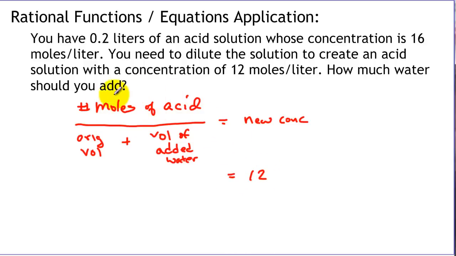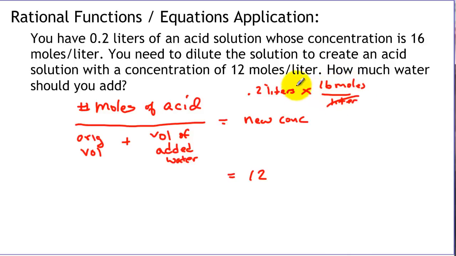Now here we need to figure out how many moles of acid we had in our original solution. So our volume was 0.2 liters. And so let's put in our units so we can see here. And we multiply that by the concentration, which was 16 moles per liter.